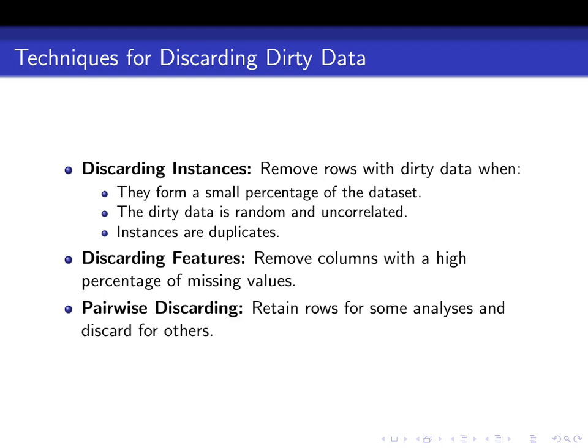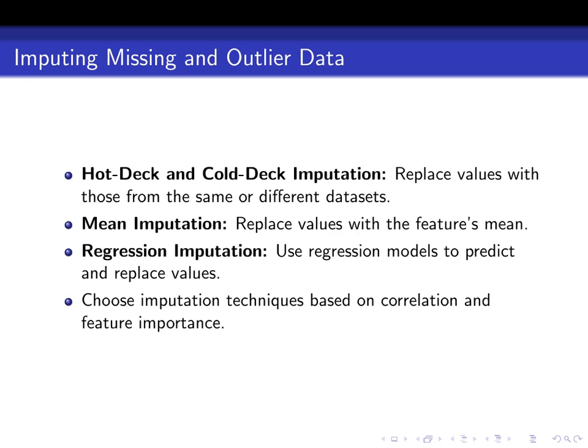Lastly, pairwise discarding allows rows to be included or excluded depending on the analysis but is less commonly used because it complicates comparisons. If discarding data isn't an option, you can use imputation to fill in the gaps.